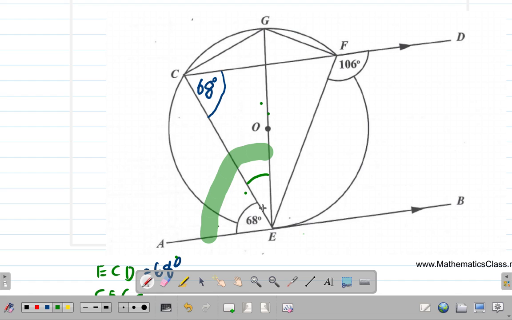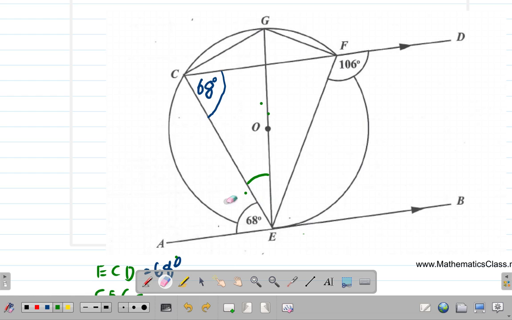Remember the relationship between the radius and the tangent at the point of tangency: that angle must be 90 degrees. Angle CEG is part of the 90 degrees. The remaining part of the 90 degrees is the 68.